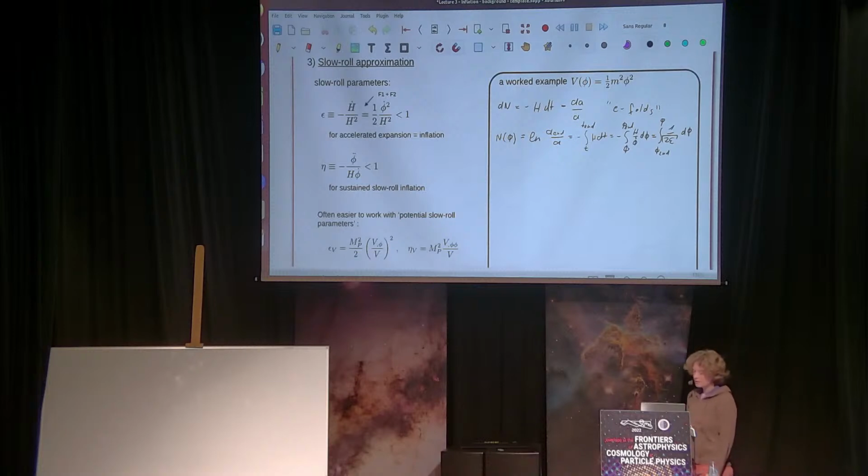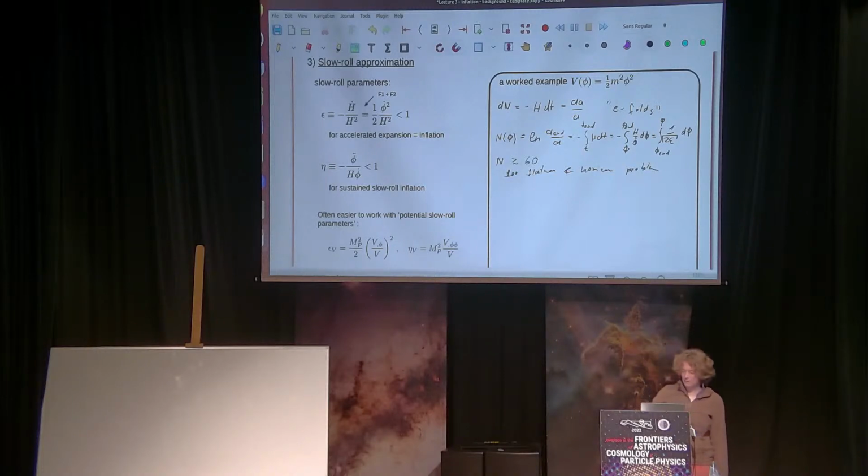So what we need, from the end of inflation until whenever inflation started, is roughly, as a ballpark number, about 60 e-folds of inflation. So 60 Hubble times of inflation in order to explain why the universe is so flat and so homogeneous today. Okay, for the flatness and horizon problem.